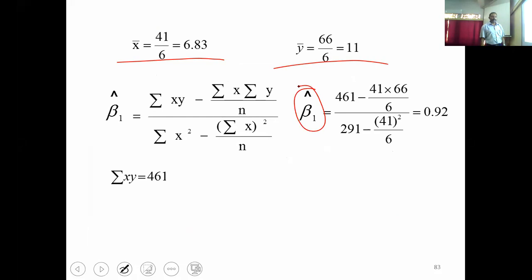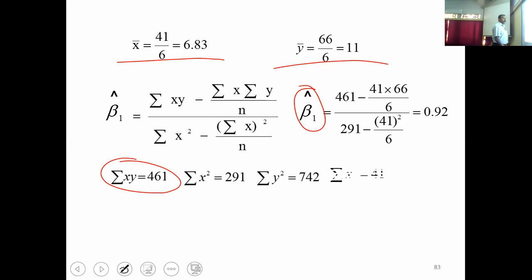Beta naught is not necessary here, so we didn't calculate it. But the summation of certain components is important: summation xy, summation x square, summation y square, summation x, and summation y as well, right? All these components are needed for calculation. I'm going to show you how the calculation is done.